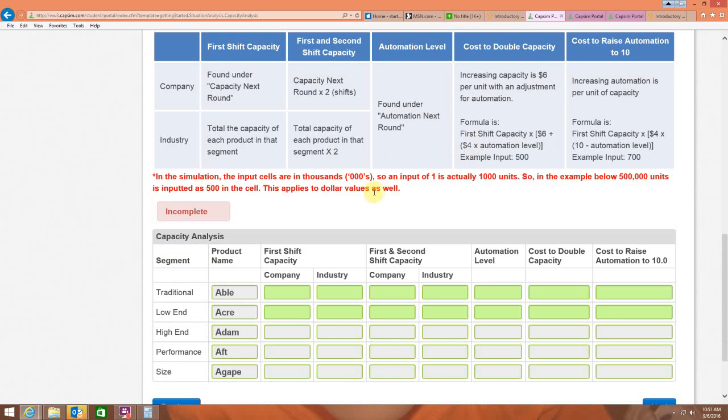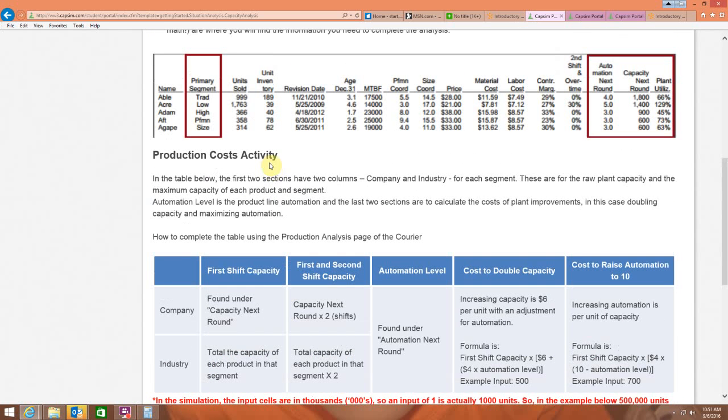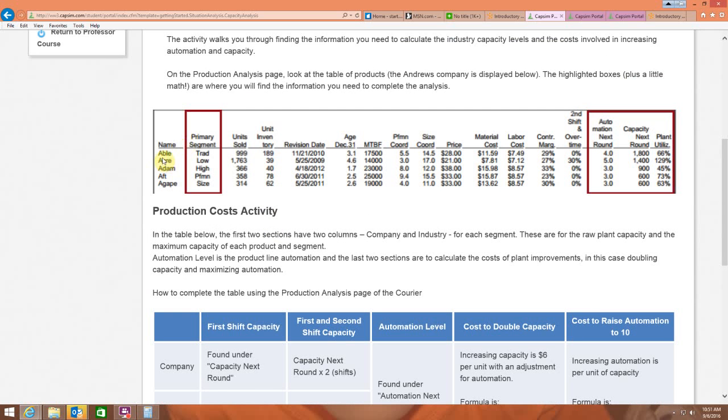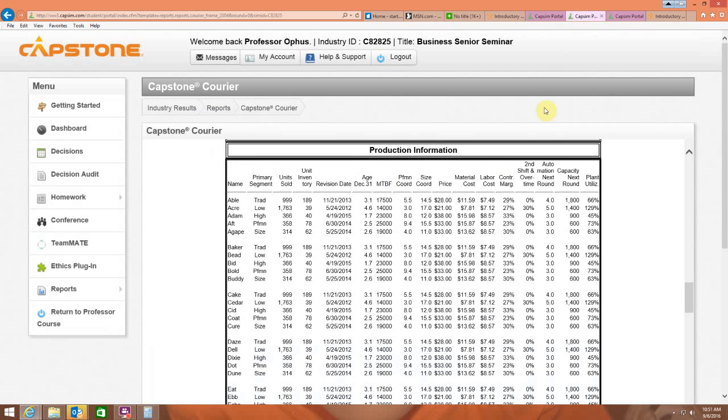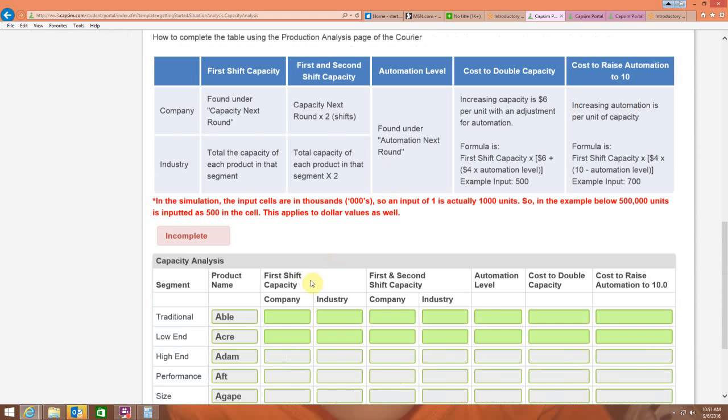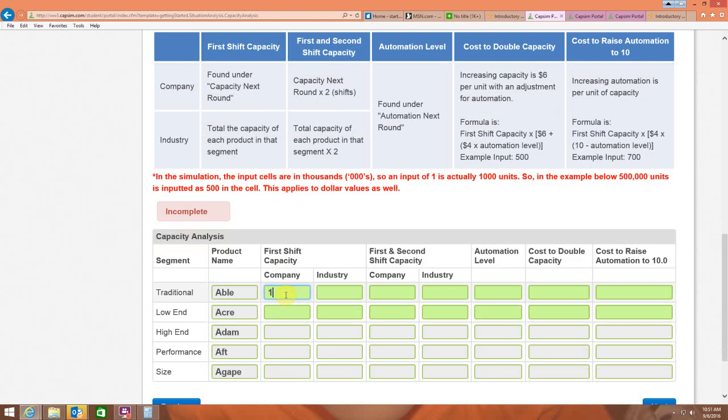So if we're looking at our traditional product, and they've actually given it to us here, so I don't have to go look at this, but I could. My capacity for next round is 1,800 units for first shift, so I'll fill that in. Then it asks, what's the industry capacity?